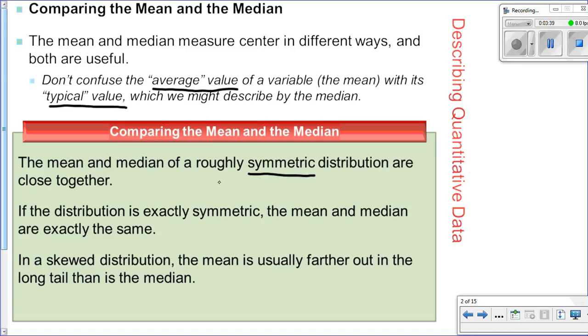This is roughly symmetric. If it's exactly symmetric, then the mean and the median would be exactly the same. If you have a skewed distribution, then the mean is going to go out towards the tail. So if it's skewed right, your mean would be higher than your median. If it's skewed left, your mean would be lower than your median.